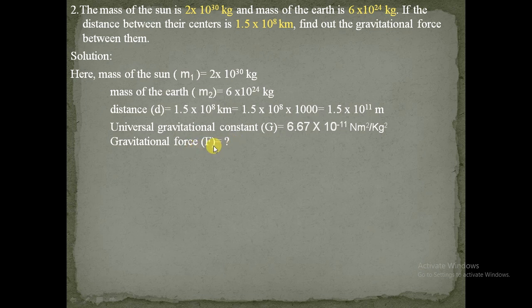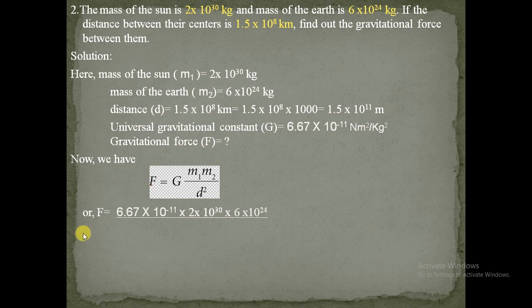We don't know. We have to find it out. We have F equals G m1 m2 upon d square. This formula we have derived from Newton's universal law of gravitation. We are now familiar with this formula. It helps to find out the gravitational force between any two bodies.